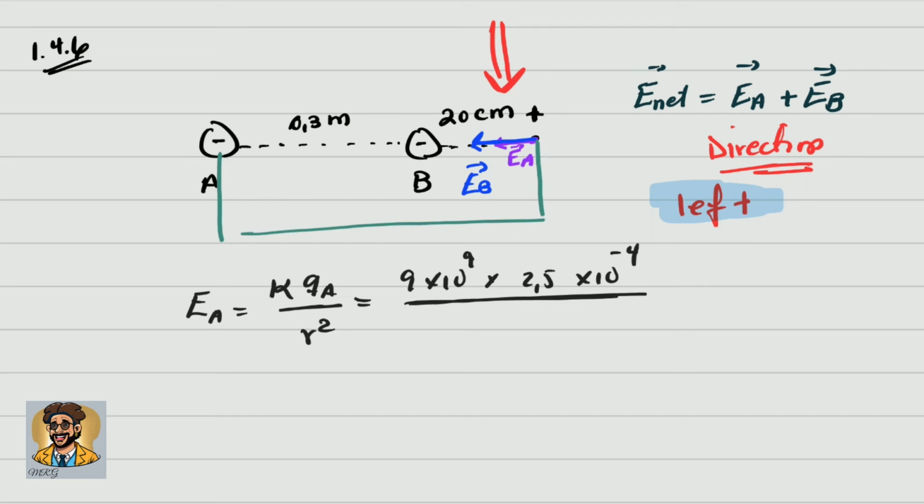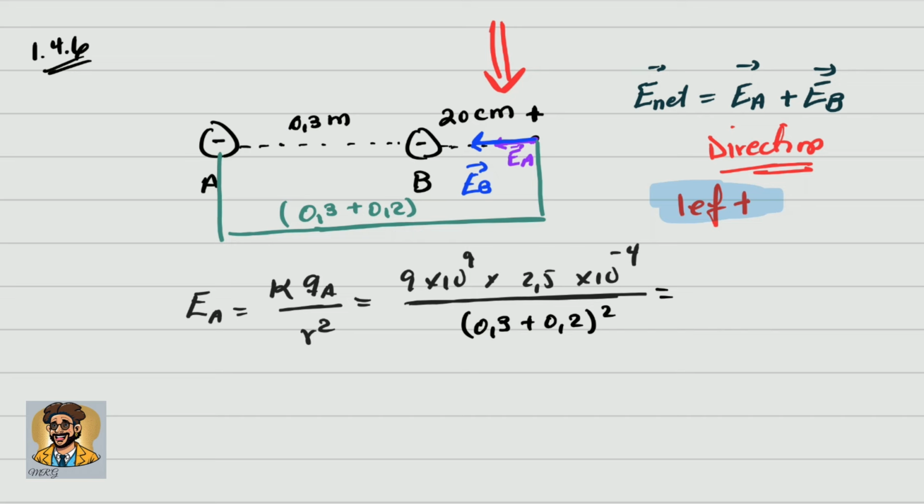In other words, it is the 0,3 meters plus the 20 centimeters. We cannot work in centimeters, so this one is 0,3 plus 0,2. That is the distance from A to that specific point. So you can write it like that, 0,3 plus 0,2, or you can write 0,5 already. Alright, so that is how we calculate E A.